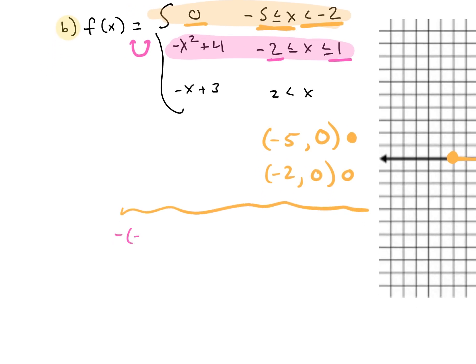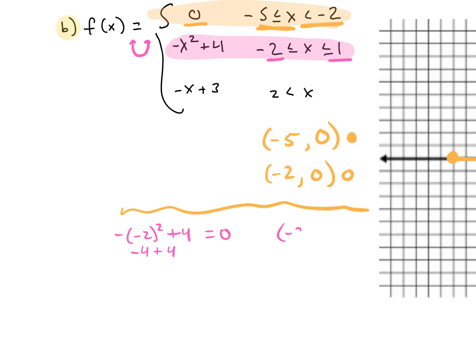So we have -2 squared plus 4. Now make sure you follow your order of operations here. You got to square the -2 first, then multiply it by the negative on the outside. So this would be -2 squared is 4. That negative on the outside makes it -4. So -4 plus 4 would be 0.